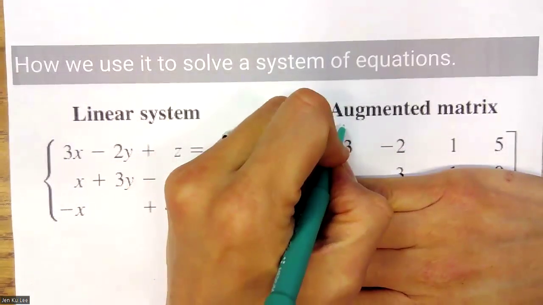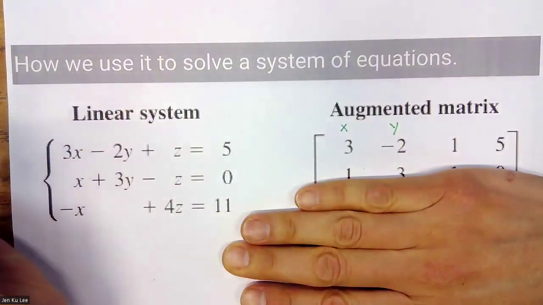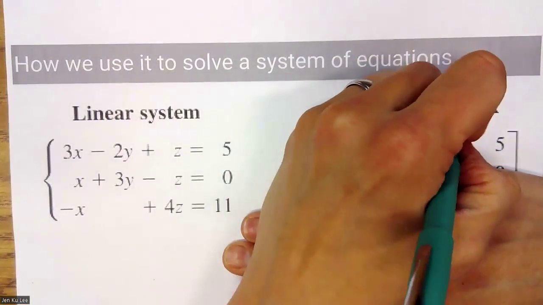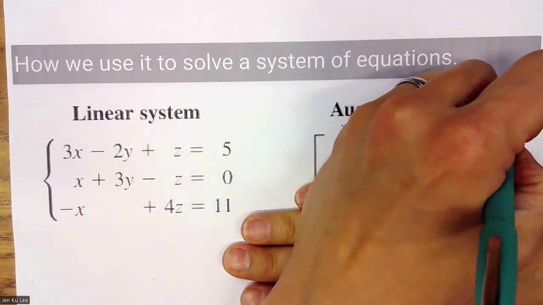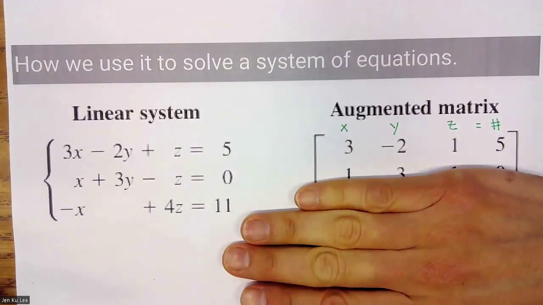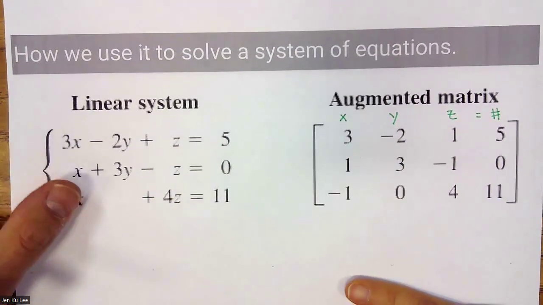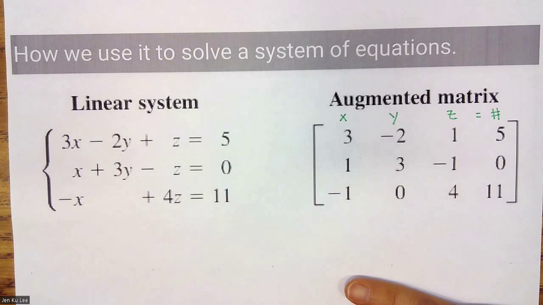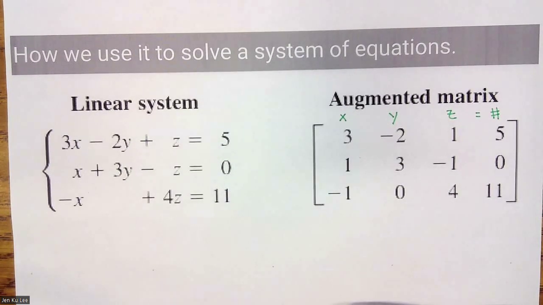You can think of this augmented matrix as your x coefficients, your y coefficients, your z coefficients, and this is the equals, and this is just a number. And that's what happened for both equations there.